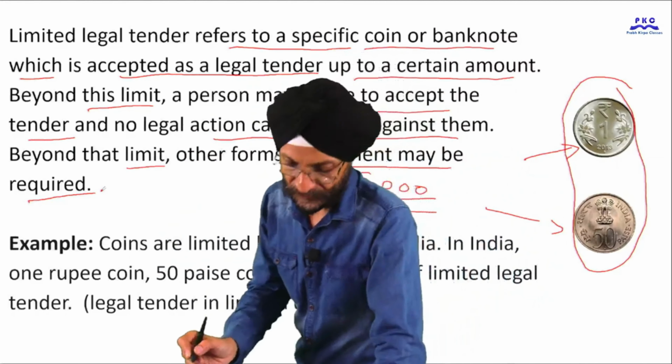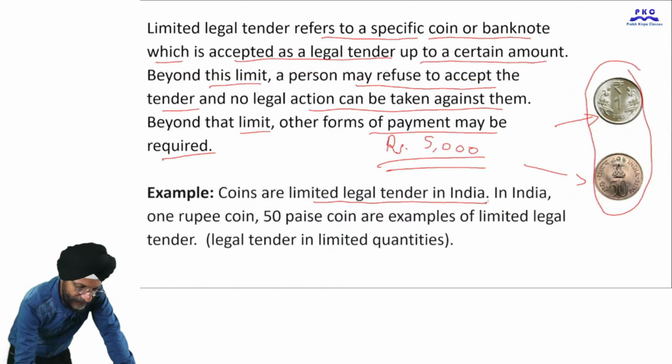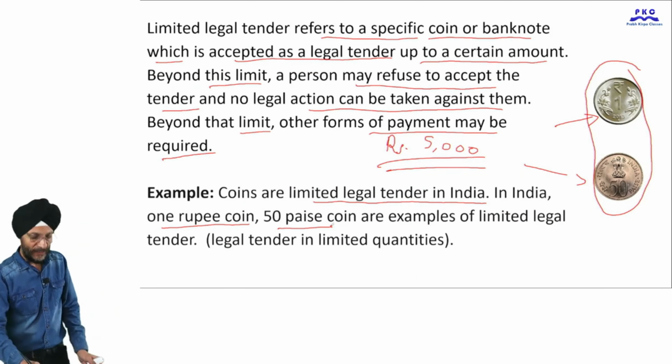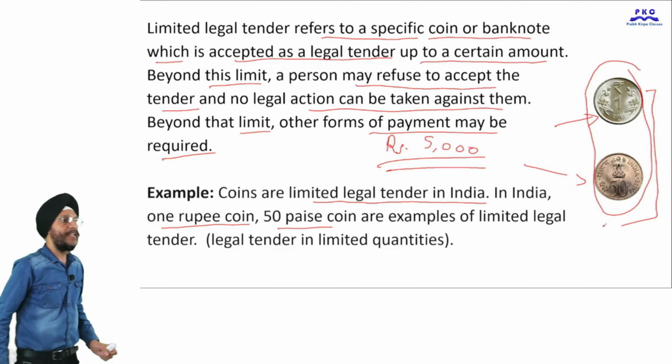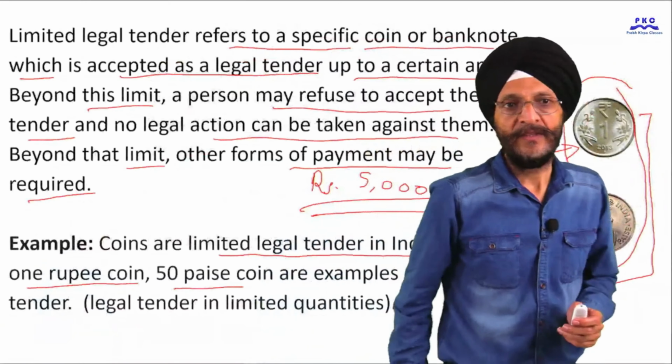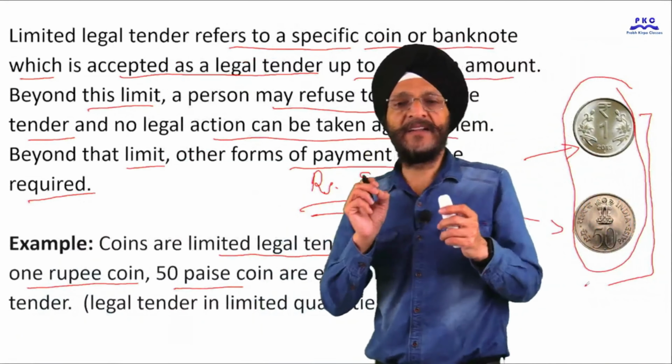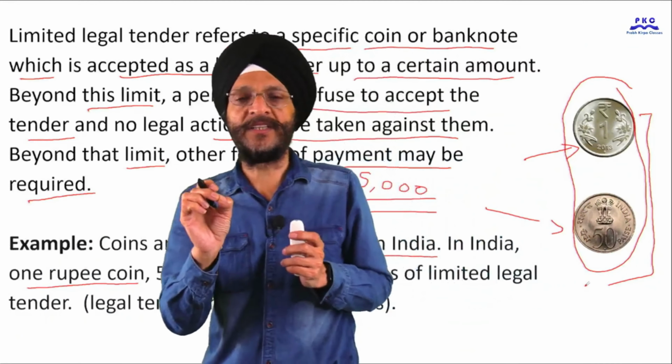For example, coins are limited legal tender in India. In India, 1 rupee coin and 50 paisa coins are limited legal tender. That is, legal tender in limited quantities.